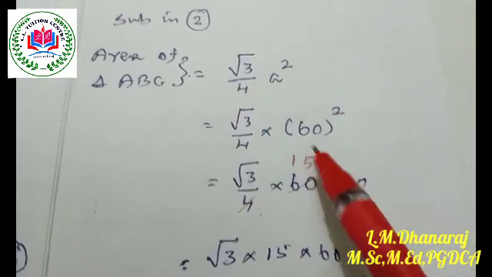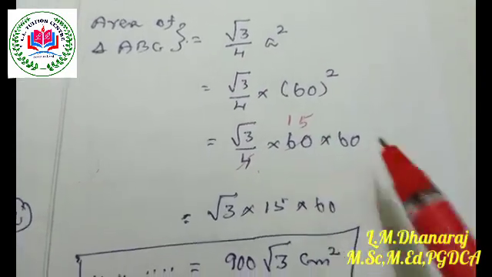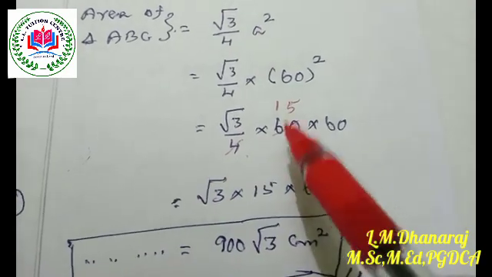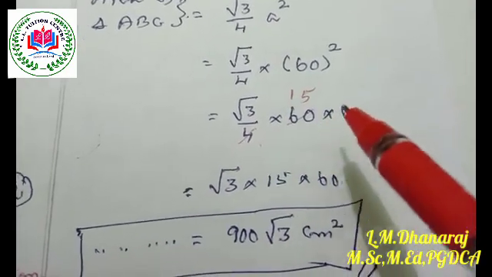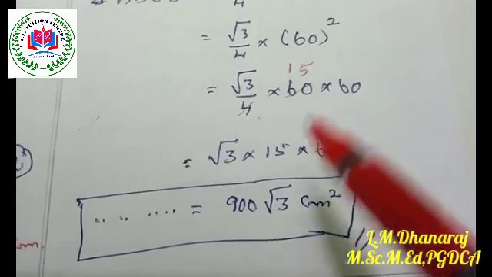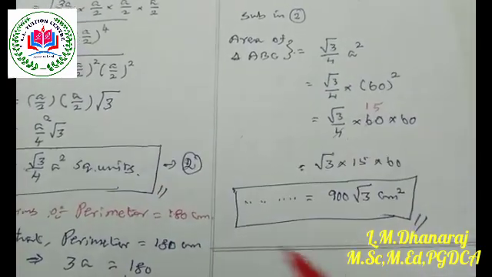Therefore the area of triangle, let us substitute this a value over here. So this is root 3 by 4 into 60 square, that is 60 into 60, 4 fours are 16, and this is 15 times. So 15 into 60 will be 900 root 3 centimeter square. So these are the two answers.